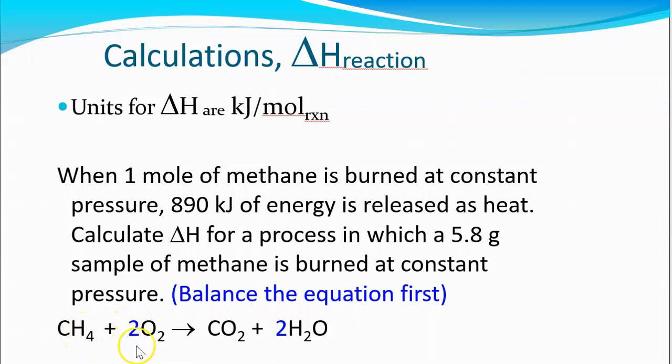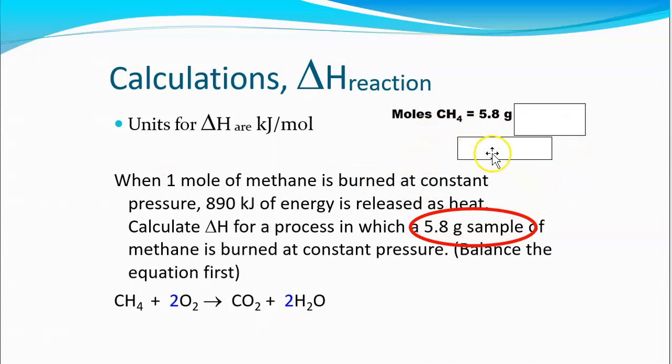But 2 moles of oxygen gas are used up in 1 mole of reaction. And 2 moles of water are produced for 1 mole of reaction. So this essentially acts like a conversion factor. Well, 5.8 grams is not super helpful because this is kilojoules per mole of reaction.